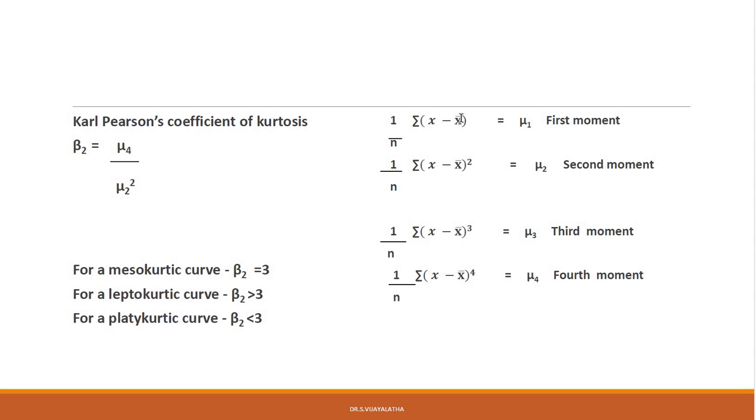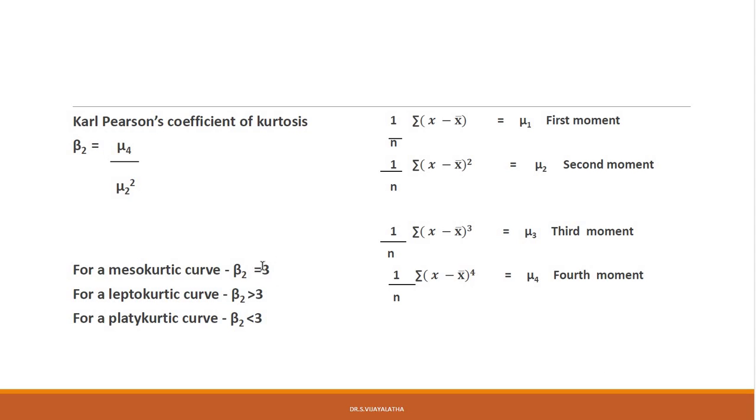We have to find out the mean of the data and see the difference between each data value from the mean, and you have to find the summation. This is divided by the total count to get the first moment. If you square this term, then it is the second moment. If it is cubed and you find out the sum, it is the third moment. And if it is to the power 4 and then we find out the sum, it is the fourth moment. So here it is the fourth moment by the second moment square.